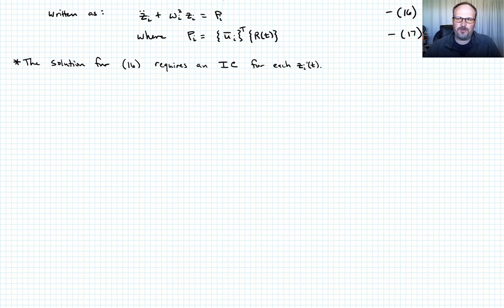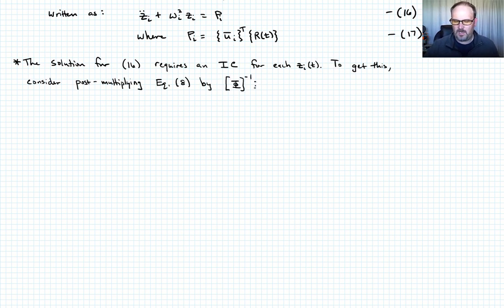Let's post-multiply equation 8 by phi inverse, okay? And what happens when we do that? Well, I had to begin with phi transpose times m times phi, and I post-multiply by phi inverse. And that was going to be equal to the identity matrix post-multiplied by phi inverse, right, which means that that's just phi inverse.